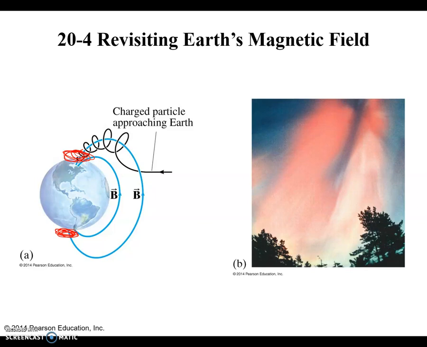This is what causes the northern and southern lights, also known as aurora borealis and aurora australis. So really the aurora is nothing more than the release of energy from particles that came from the sun, which were deflected by the Earth's magnetic field. Pretty cool. I think that's a really fun application of all this.